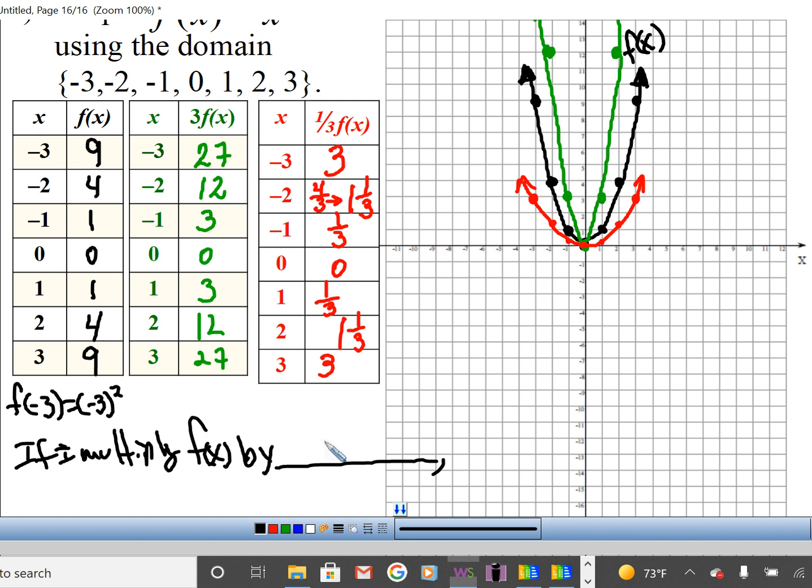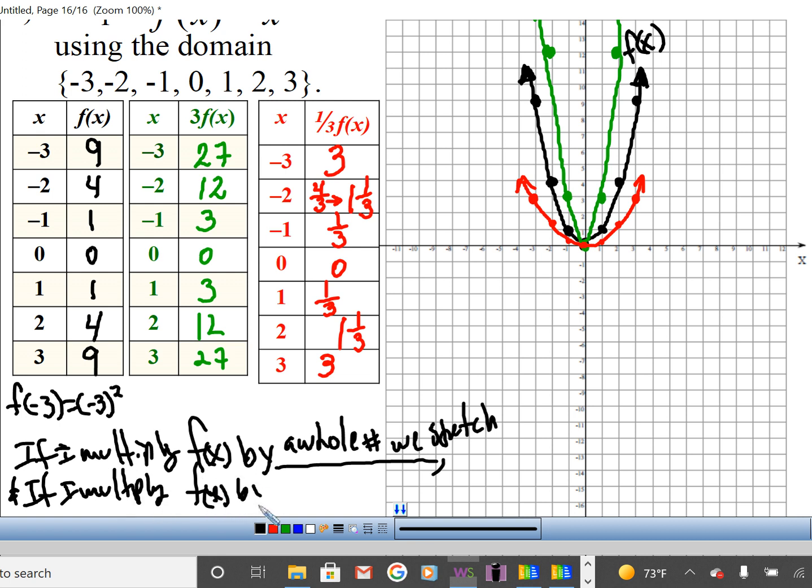All right. Let's see. Pamela, if we multiply f of x by a whole number, write that down, please. A whole number, we stretch. Okay, comma. And if I multiply f of x by what happens?